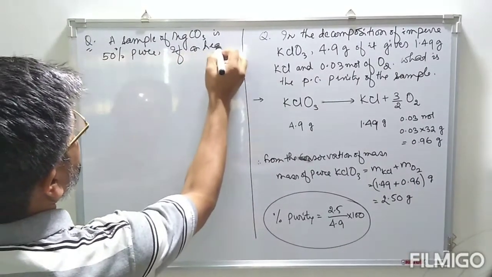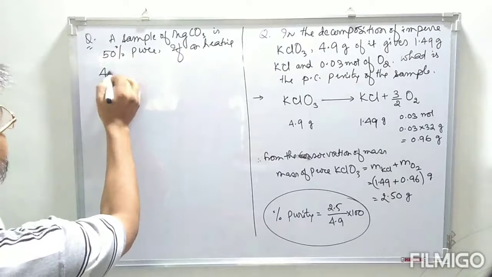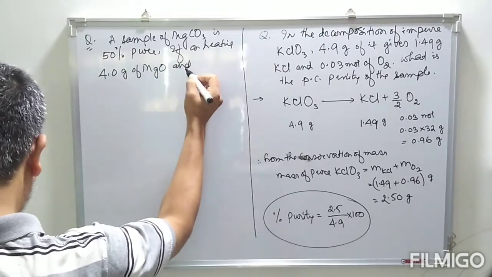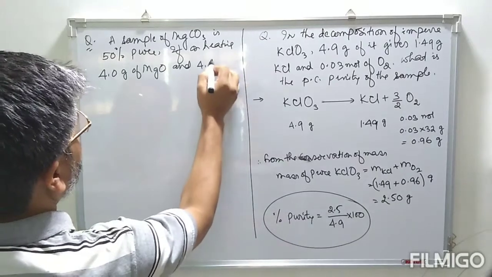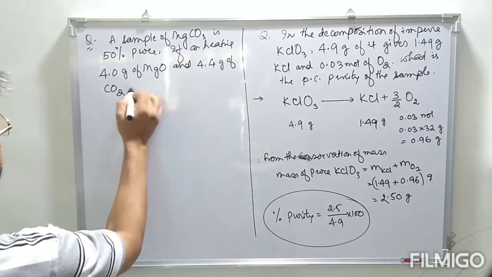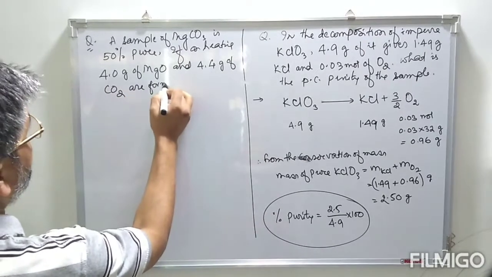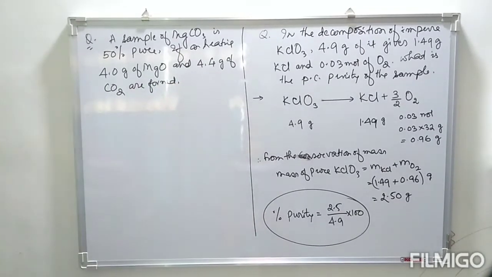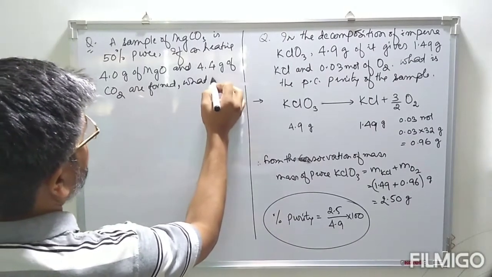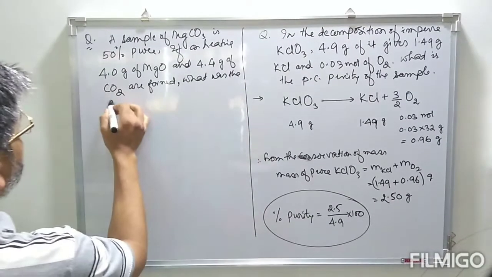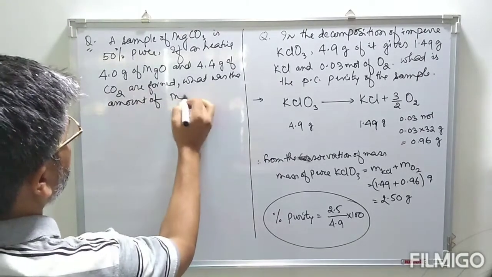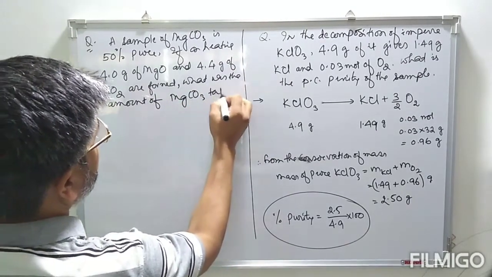If on heating, 4 gram of magnesium oxide and 4.4 gram of carbon dioxide are formed, what was the amount of magnesium carbonate taken?